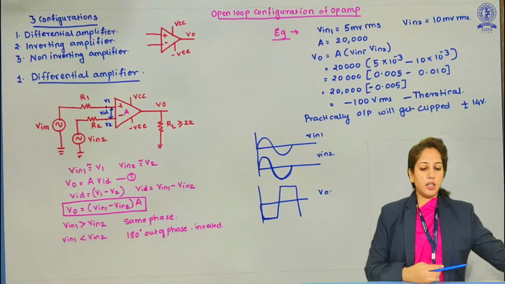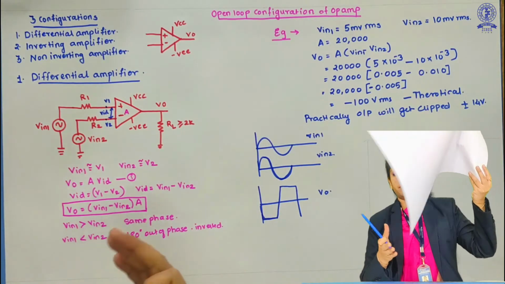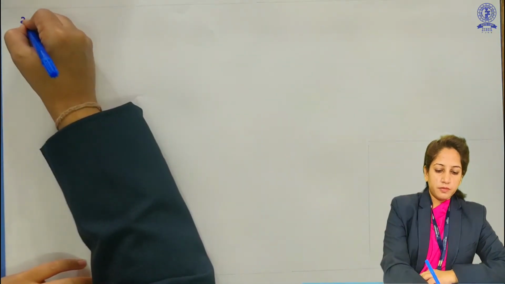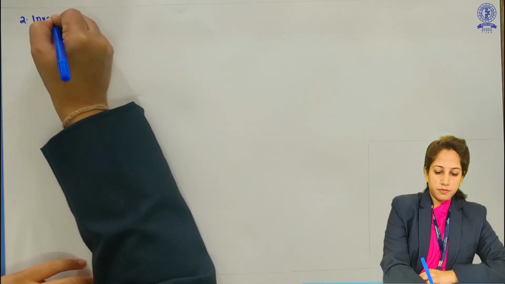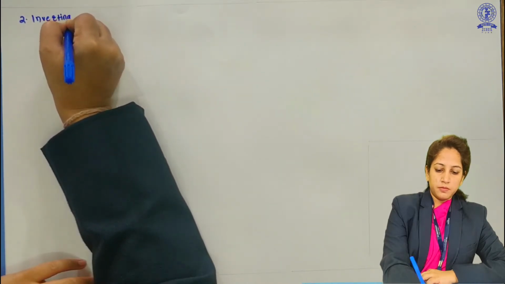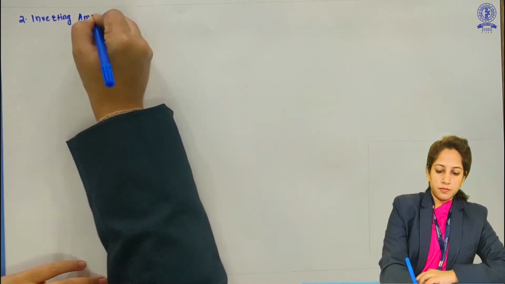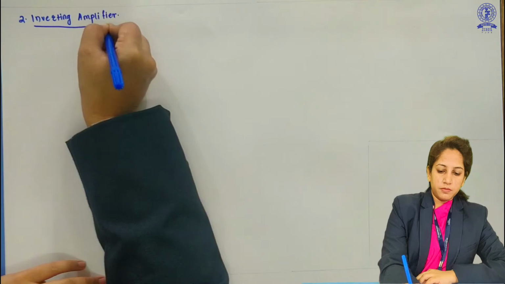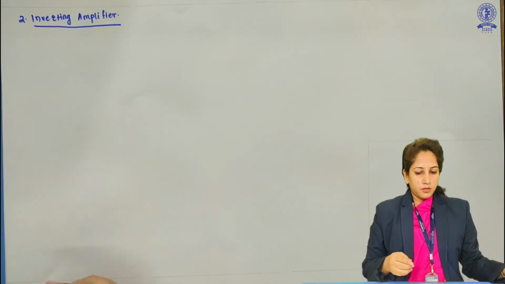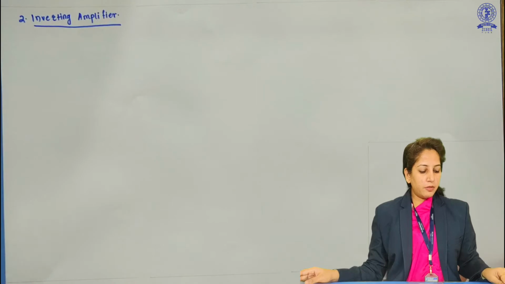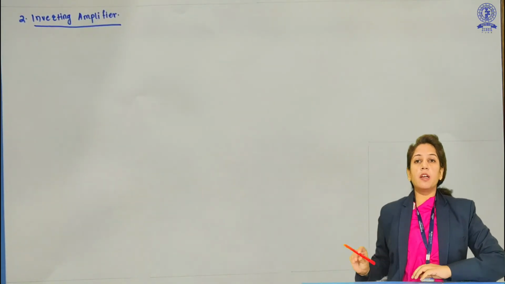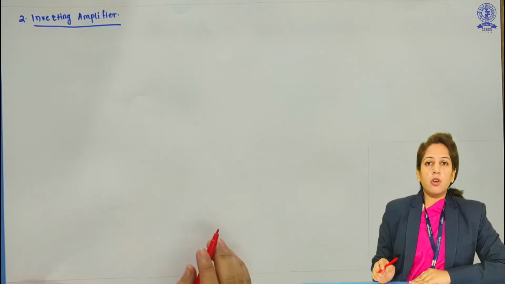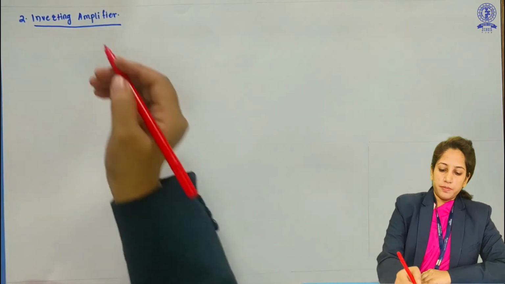Now next we will see the inverting amplifier. As I have told you, inverting amplifier means we apply a source voltage to only the inverting terminal and keep our non-inverting terminal grounded.